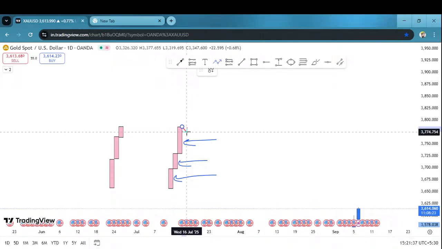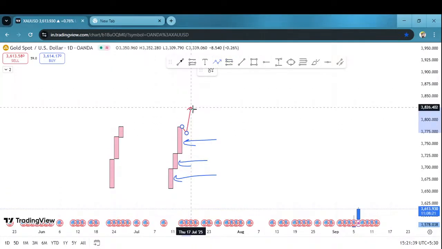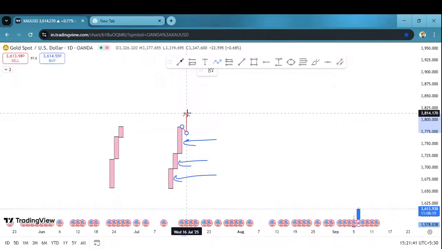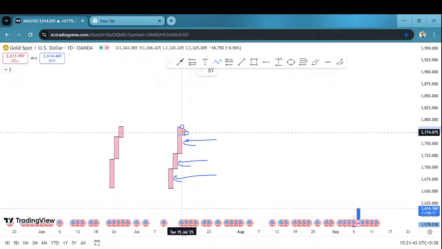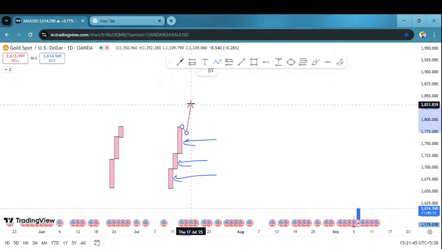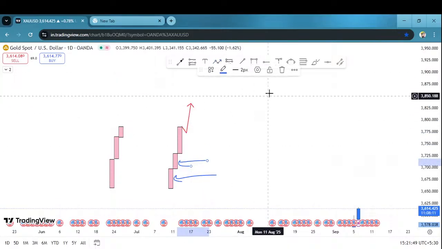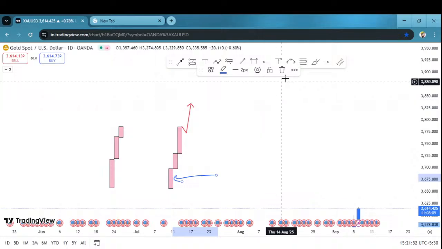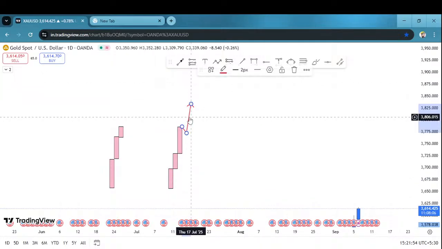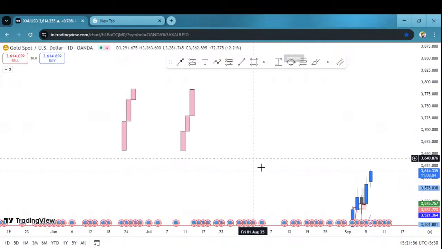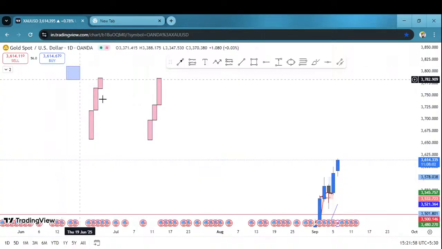You can directly take buys from here, or wait for a candle to come down to form a wick, and then go with the direction. Actually, I don't trade reversals, so this is the plan, and this is what happened here as well.